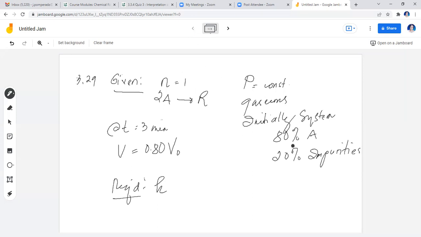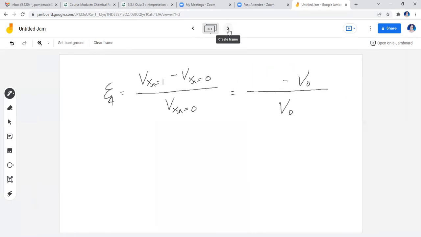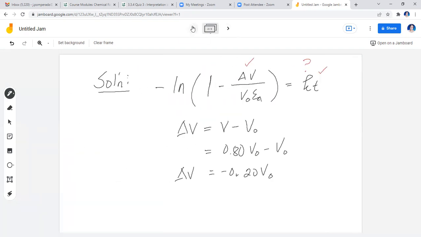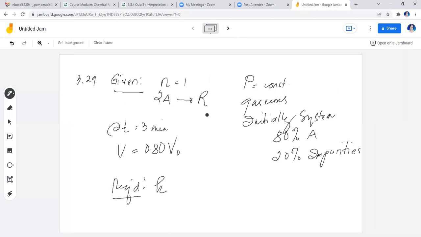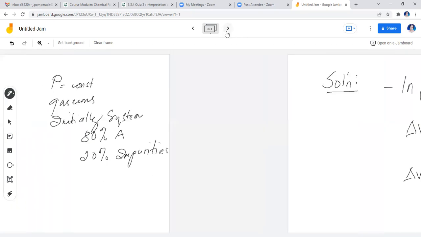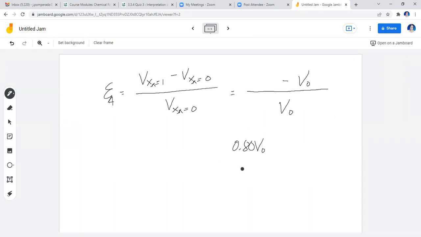It says here that initially your system is only 80% A, so meaning your initial volume is just 0.80 V sub O of A. I want to know the corresponding volume of R that will be produced with this available A. Again, my system is just 80% A, so that is why I wrote only 0.80 V sub O, because my initial volume is not all composed of A. I have impurities there.